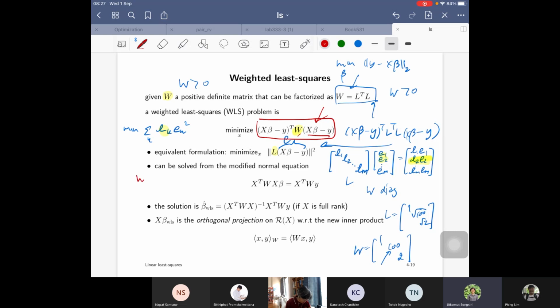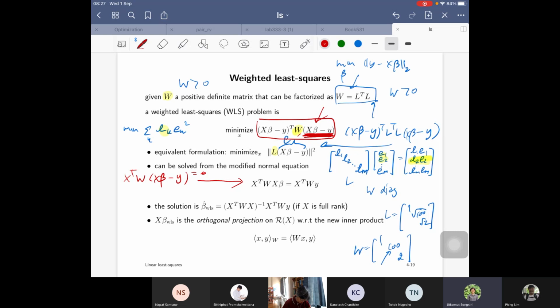When you take the gradient, first you get W times (x beta minus y), and then by the chain rule you get x transpose here. That is the zero gradient condition, because weighted least square is yet another unconstrained problem. When you set it to 0, that is the normal equation for weighted least square.